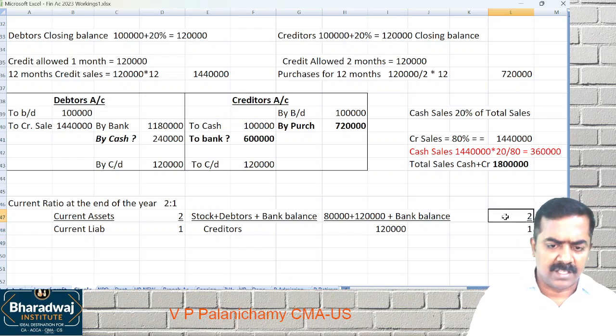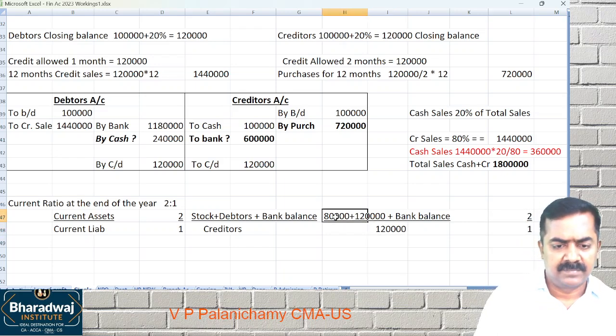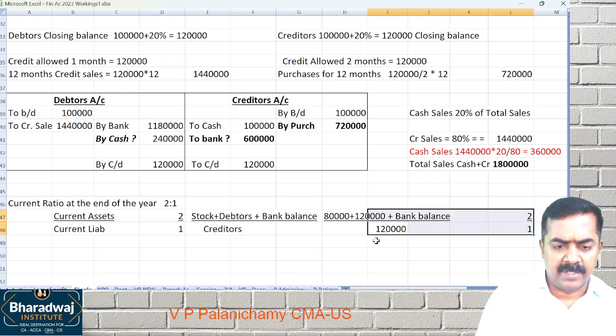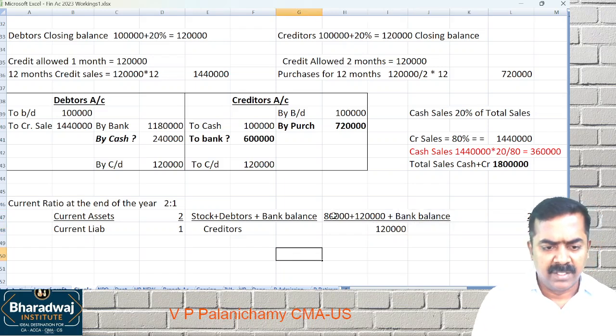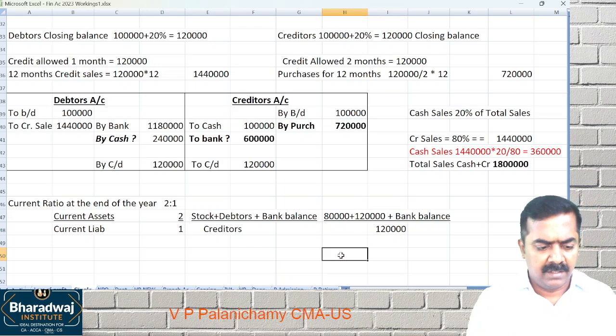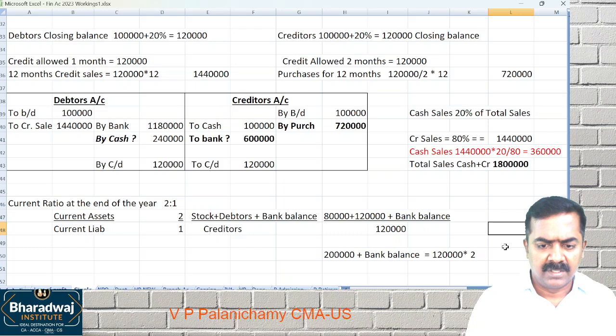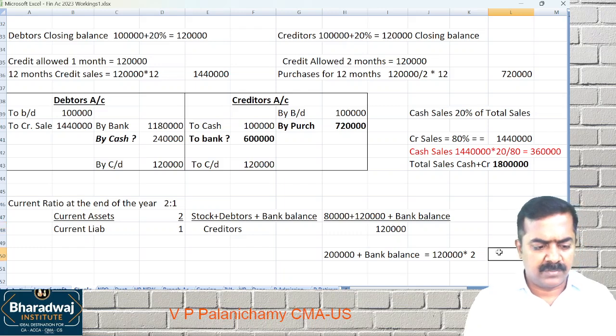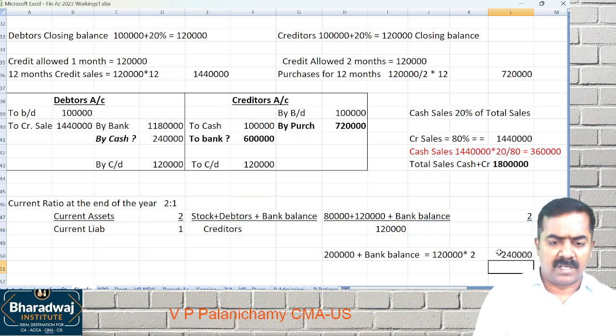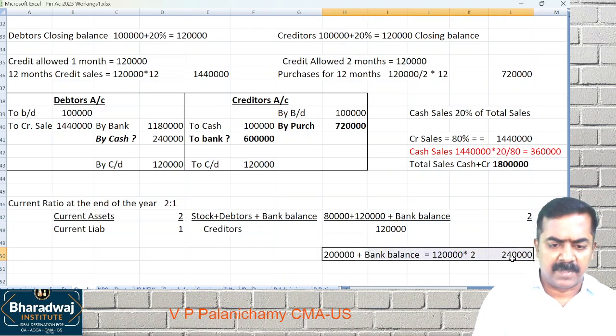If this goes the other side, it will become 1,20,000 into 2. 80,000 plus 1,20,000, 2 lakh plus bank balance will be 1,20,000 into 2, which is 2,40,000. When you solve this, you will get the bank balance.